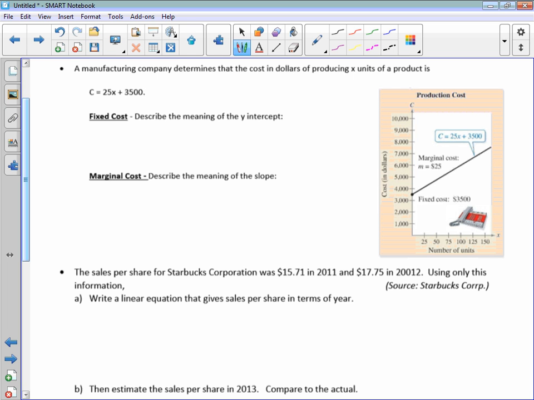So before production begins, the company will spend $3,500. You always hear that saying, you have to spend money to make money, right?